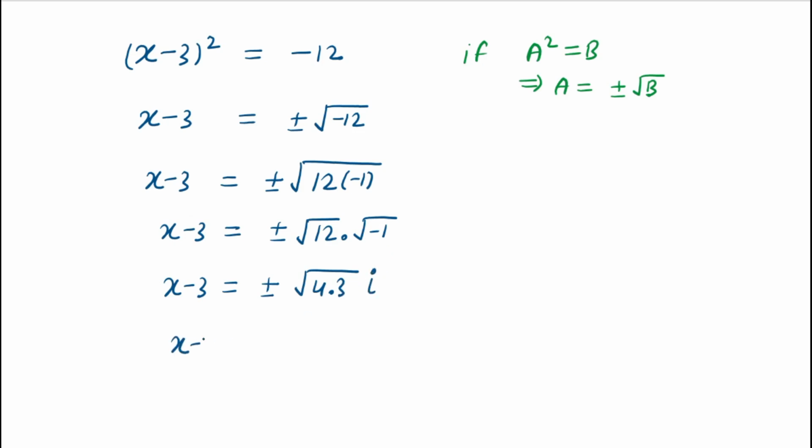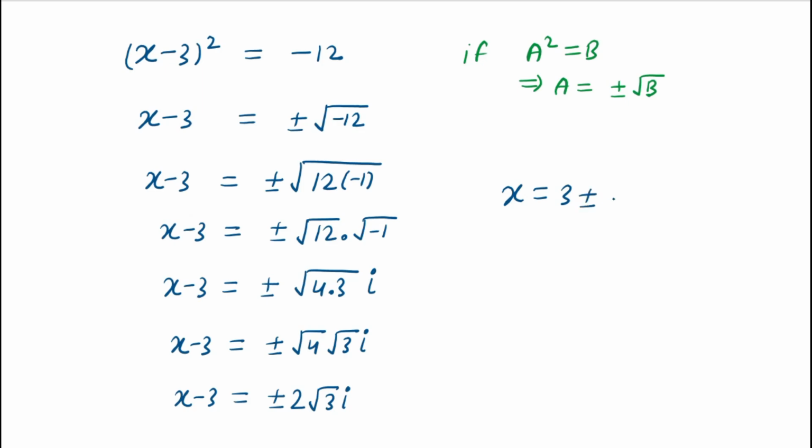Then x − 3 is equal to plus minus square root of 4 times square root of 3 times iota. Then x − 3 is equal to plus minus, square root of 4 is 2, times square root of 3 times iota. Here the value of x is equal to 3 plus minus 2 times square root of 3 times iota.